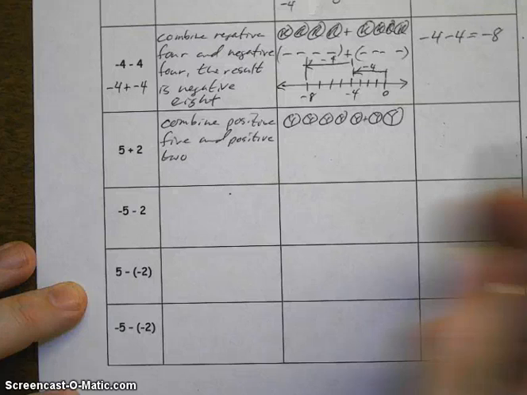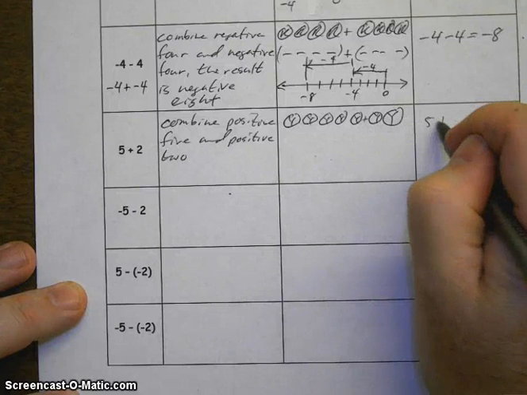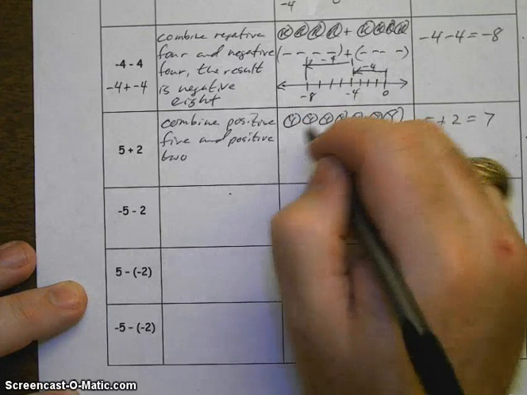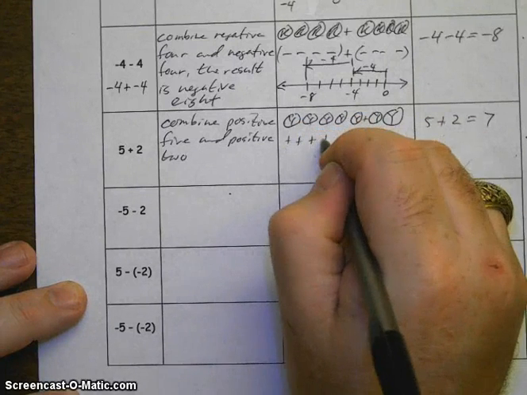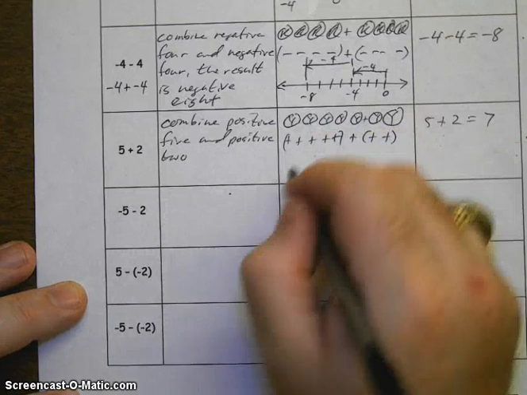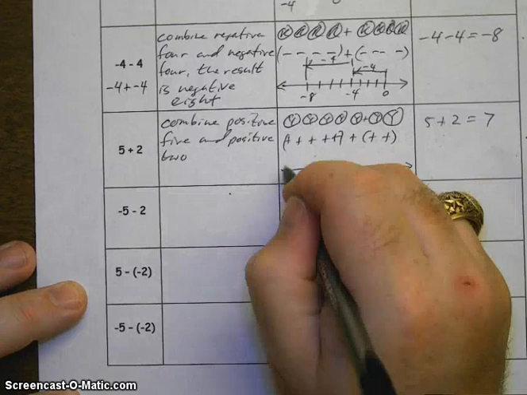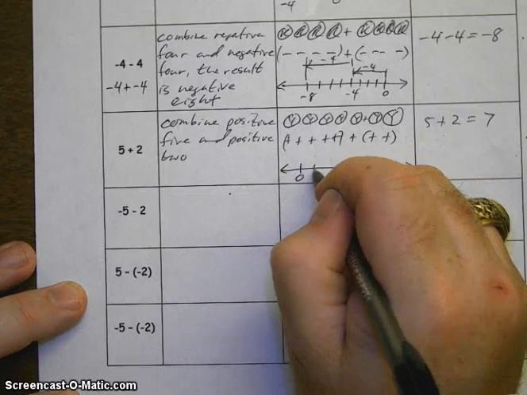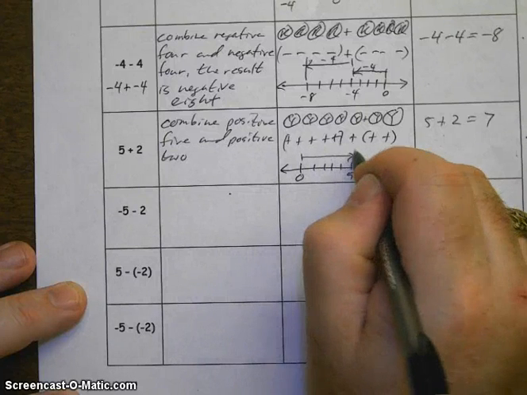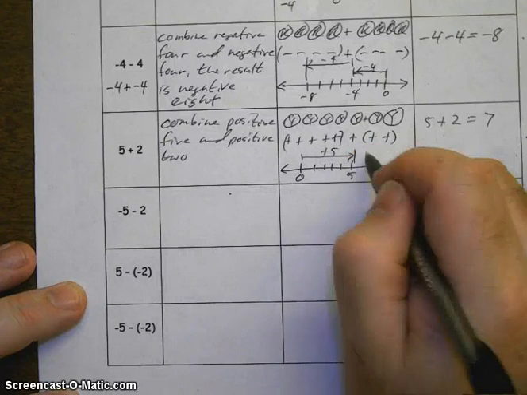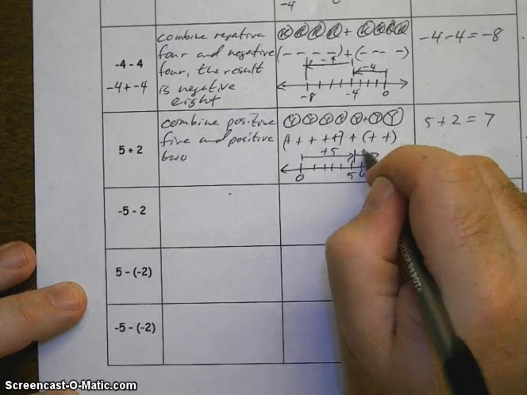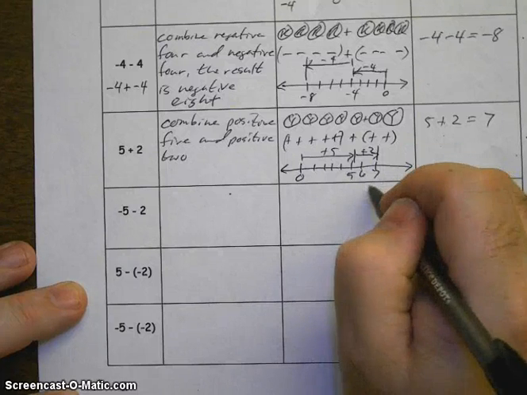Altogether you have 7 yellows, +5 and +2 equals +7. On the number line, we start at 0 and we go 1, 2, 3, 4, 5 in the positive direction. It's +5, and then we go from there 2 more in the positive direction. We end up at +7.